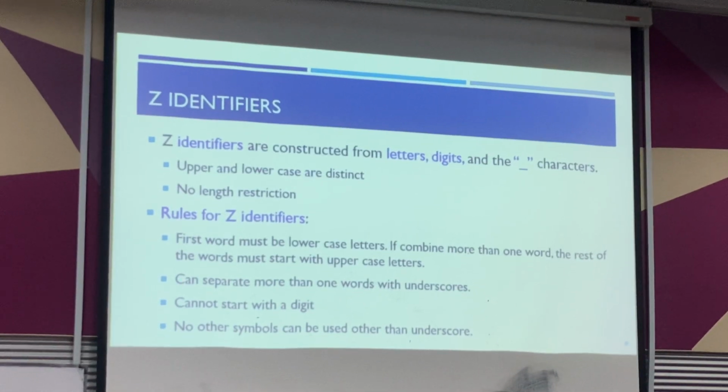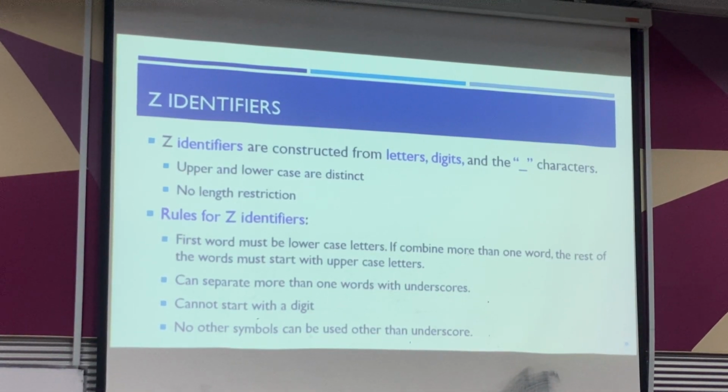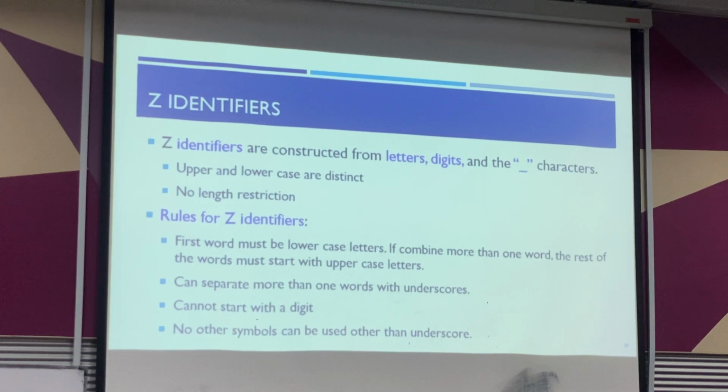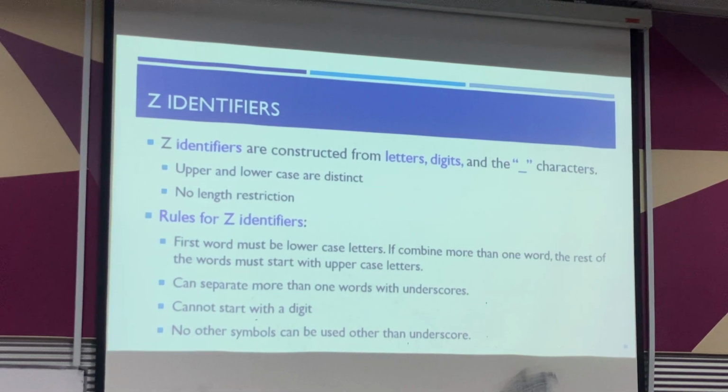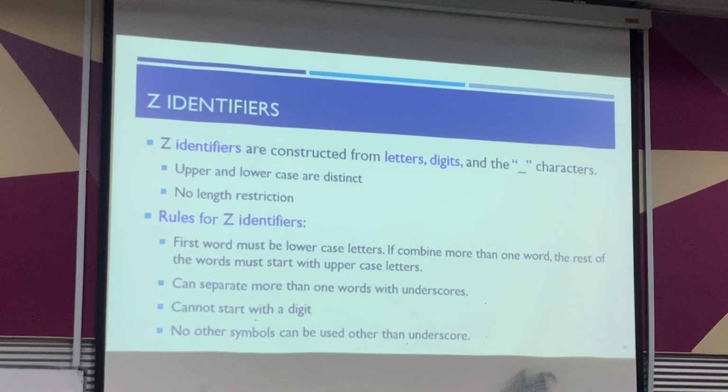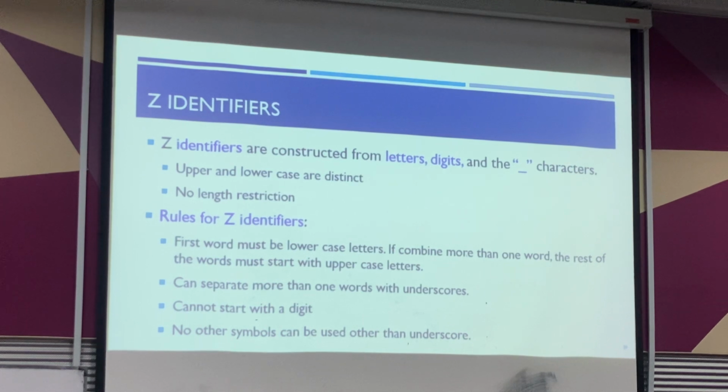But my suggestion, don't put too long. Later you will repeat it how many times you call the variable. And don't put too short like A B C, which will confuse you later. Put a very good identifier name, not too long, not too short.